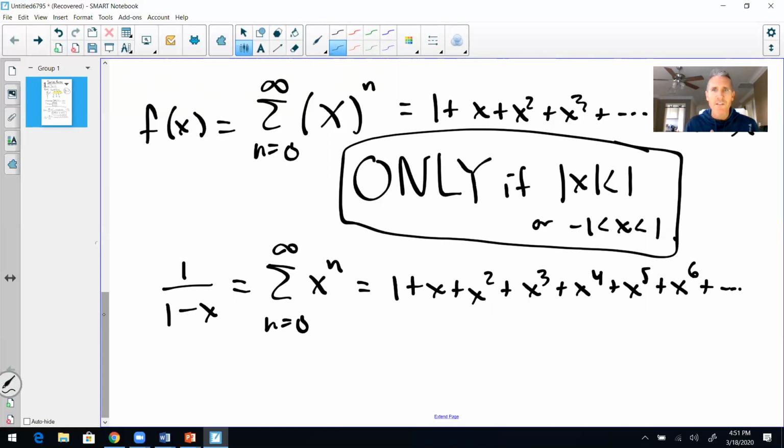This 1 plus x squared plus x cubed plus x to the 4th, and then it continues on indefinitely. It never ends, right? And we see that because n goes from 0 to infinity. So that's weird to think about, that this rational function, let's call it, can be written like this infinite polynomial.